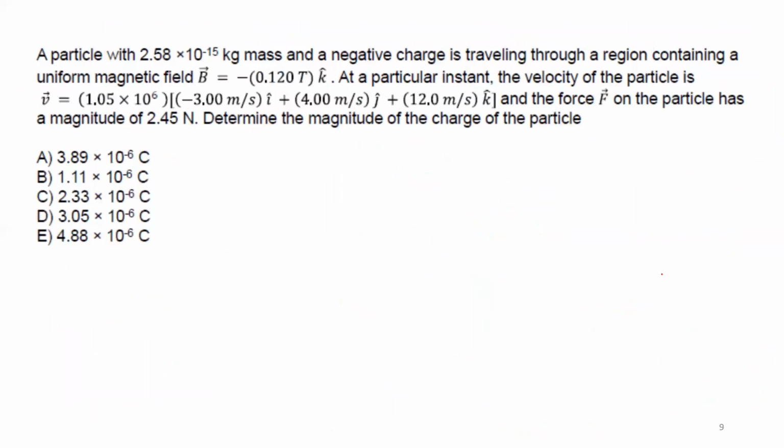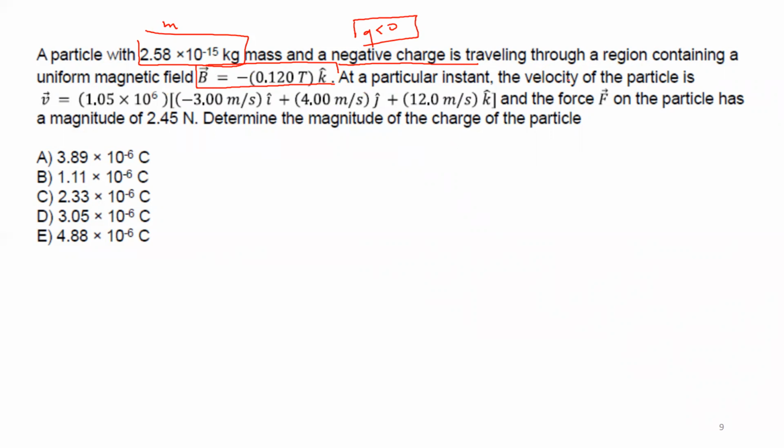Now let's solve this problem here. I give you a particle and its mass, M. It has a negative charge, so Q is negative. It's traveling through a region containing a uniform magnetic field, and I give you the components: 0 along x, 0 along y, and minus 0.12 along K hat, on z.